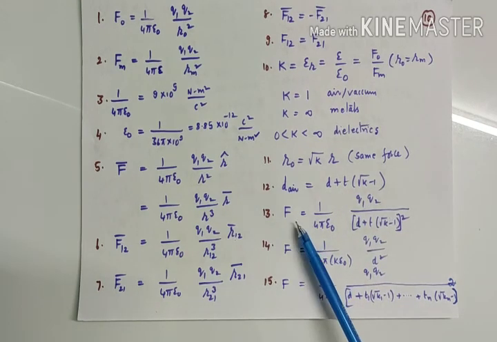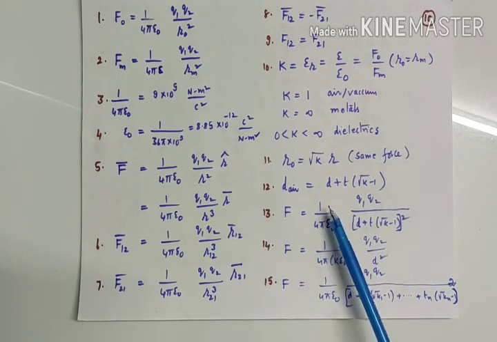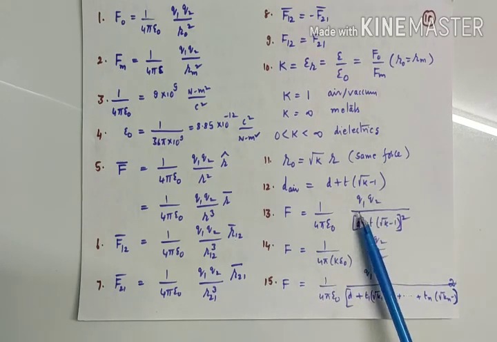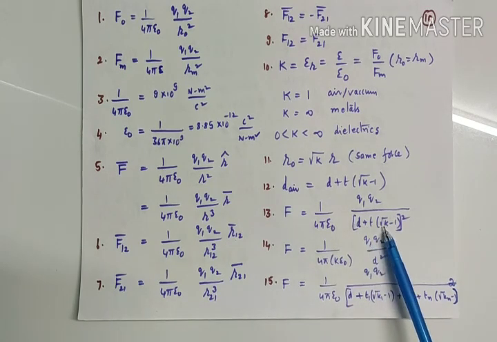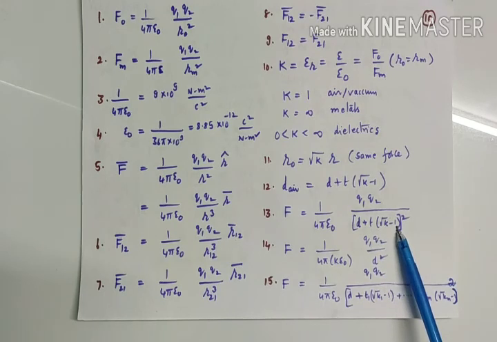When a partial dielectric slab is present, then the force experienced by the charges is equal to 1 by 4 pi epsilon naught q1 q2 divided by [d plus t into root K minus 1] whole square.